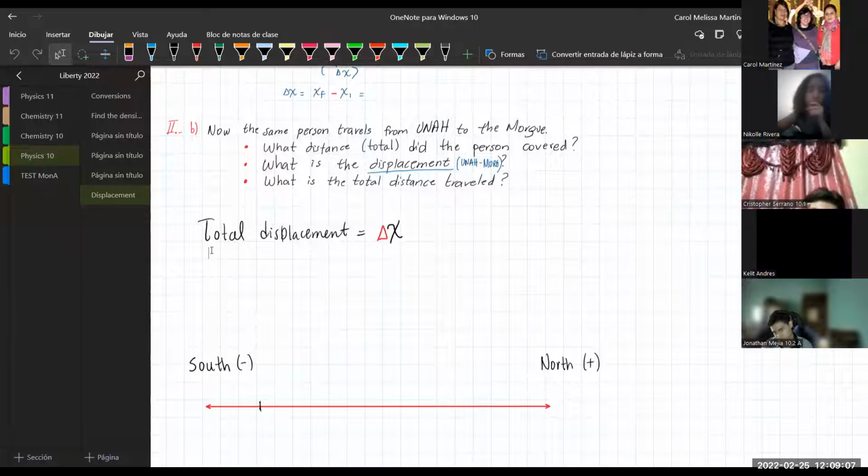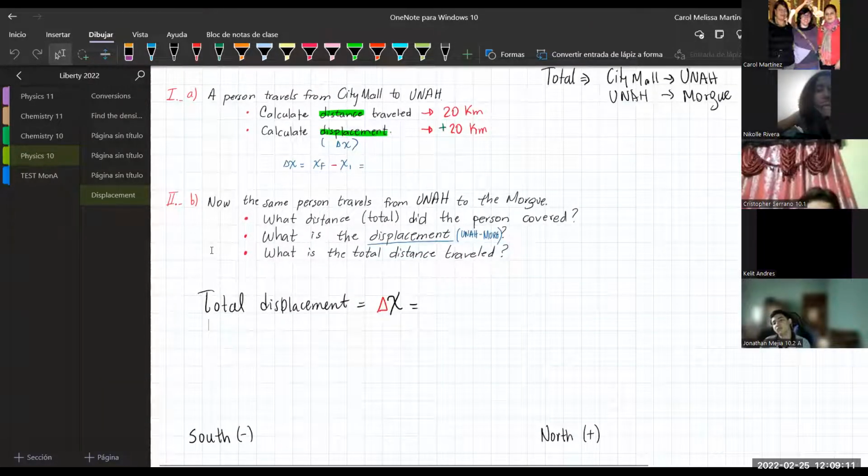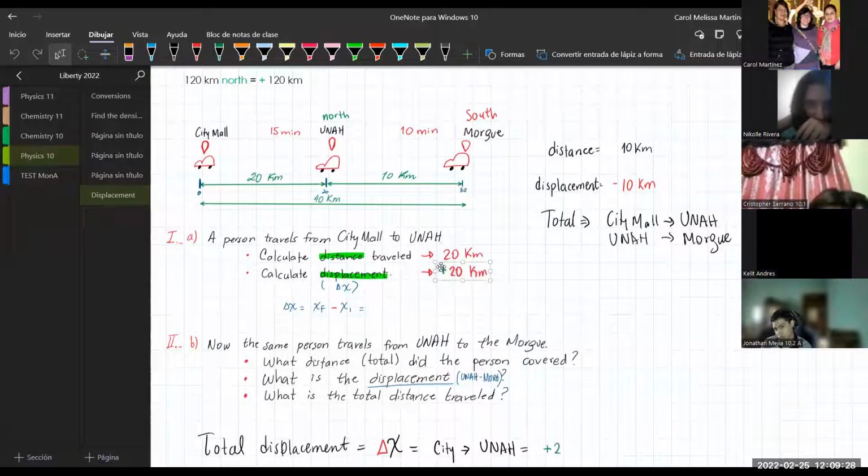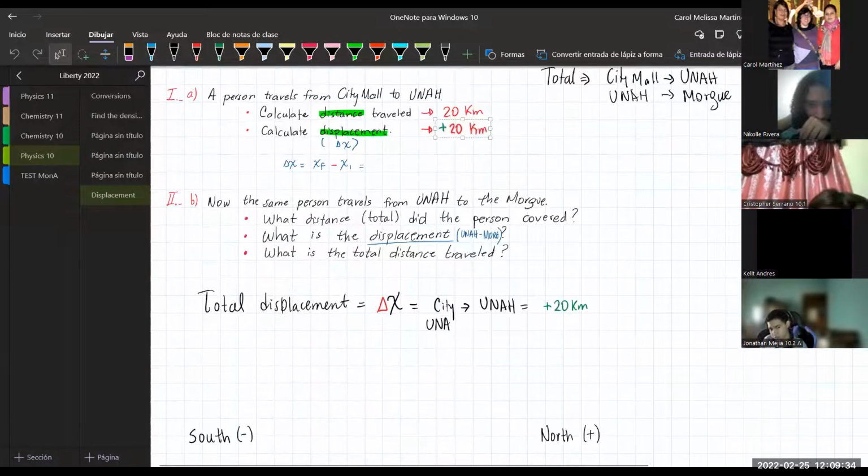Now, if I'm talking about the total displacement, I will consider the displacement from City Mall to Una, which was positive 20 kilometers, and also the displacement from Una to the morgue.